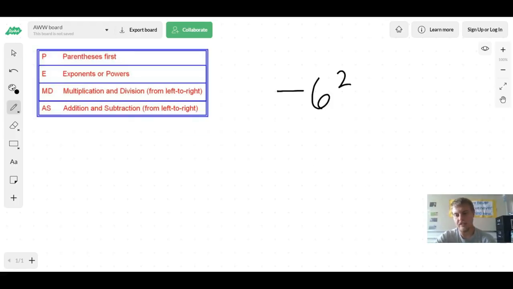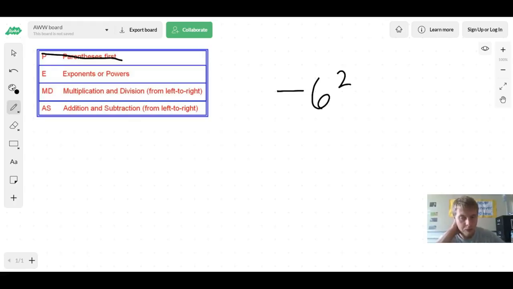This is an interesting type of problem that comes up. So this is negative 6 squared with no parentheses. So this is why this is an order of operations problem. You have to be clever in how you solve this. So the first thing we'd do is look up: we have no parentheses, so that goes away. So the next thing we do is exponents. And you really have to look at what your exponent is attached to.